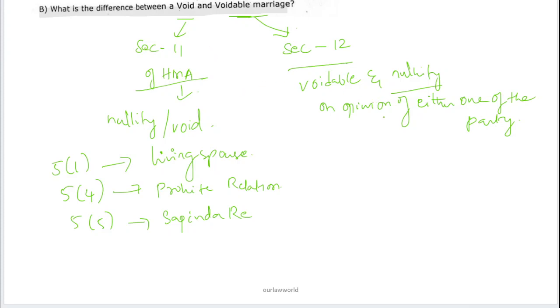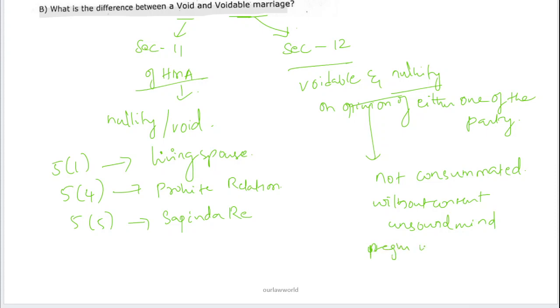Under what circumstances is it treated as a voidable marriage? As per section 12, a marriage is voidable if it is not consummated, or if it is without consent, or having unsound mind, or where the wife is pregnant by a person other than the husband.